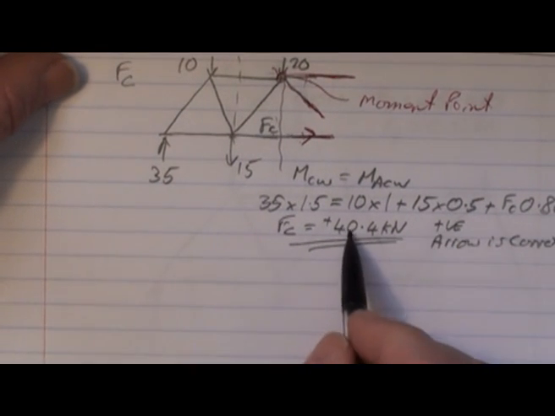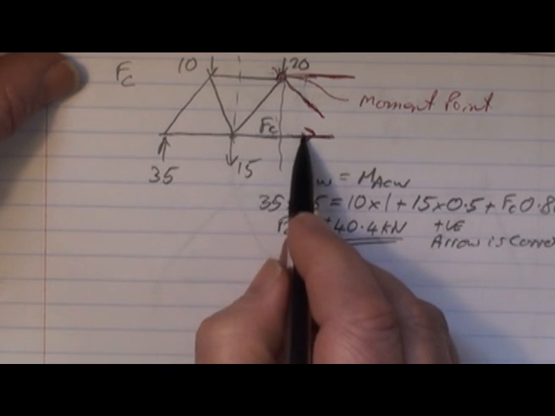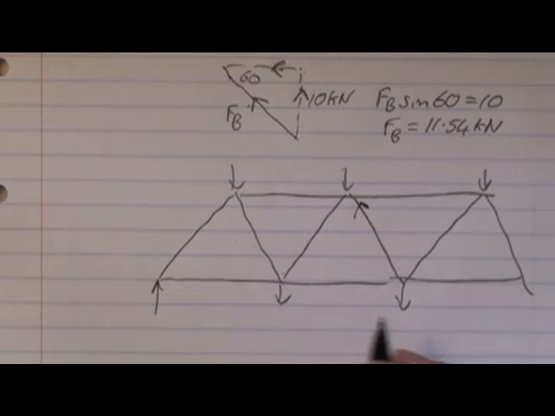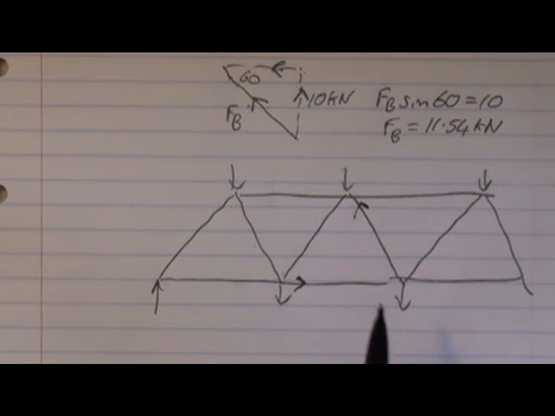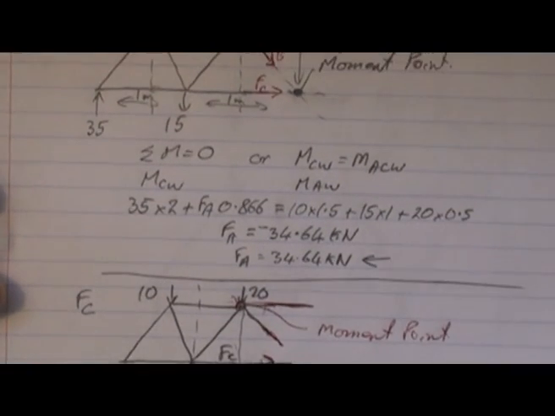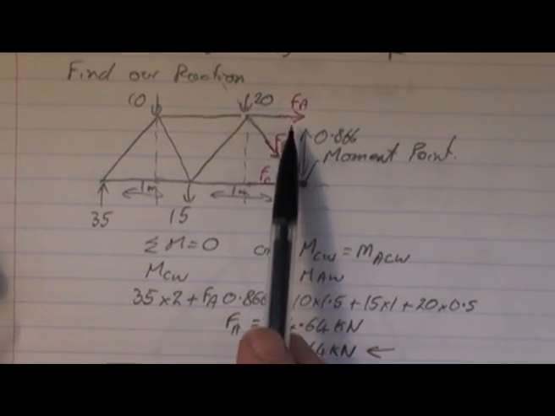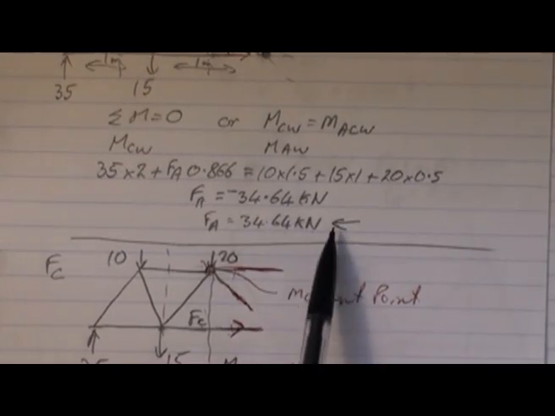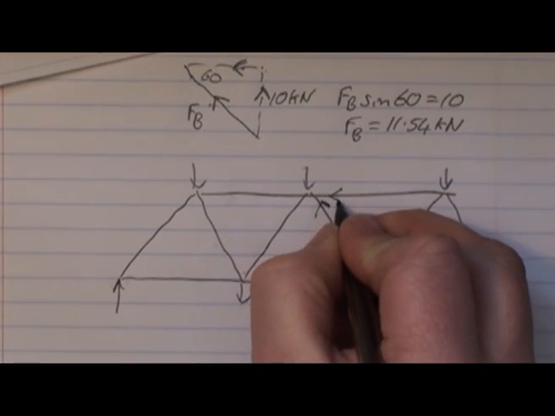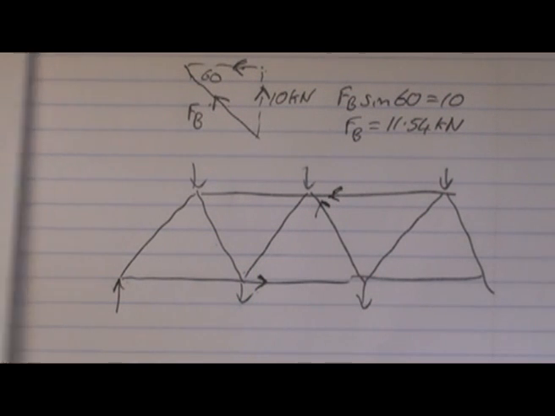FC, back here, FC we worked out that it was in the correct direction, it's going that way. So on here FC is that way. And we also looked at FA, and we worked out that FA was going to the left, wasn't in that direction because it was negative, so it's going left, so that's going that way.